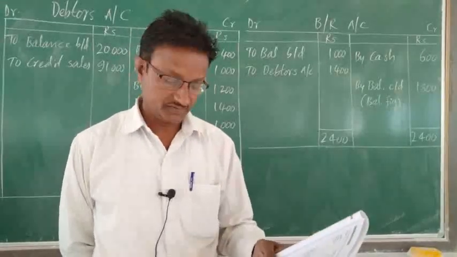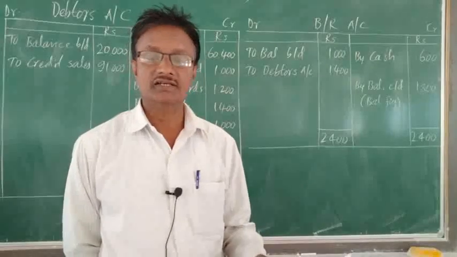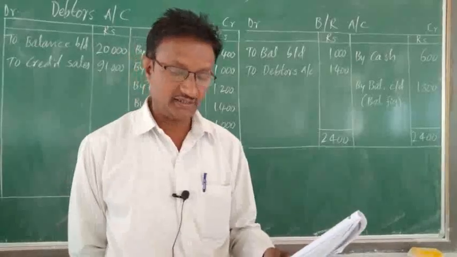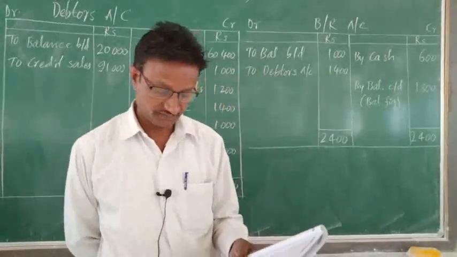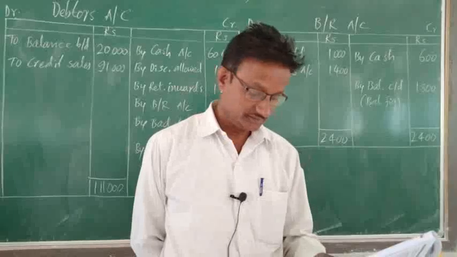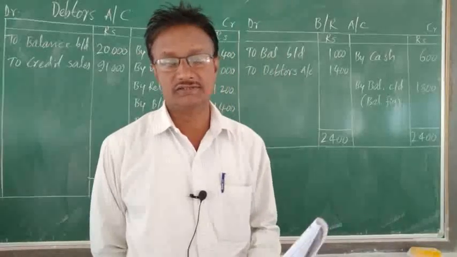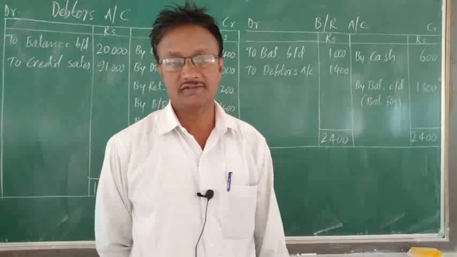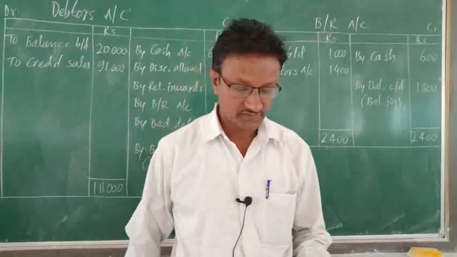From this we are required to prepare the trading and profit and loss account for the year ending 31st December 2017, and also the balance sheet as on that date.